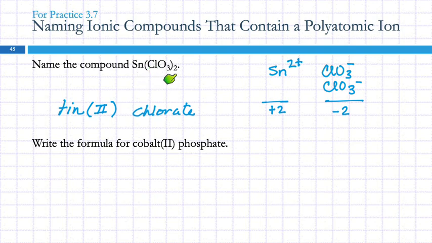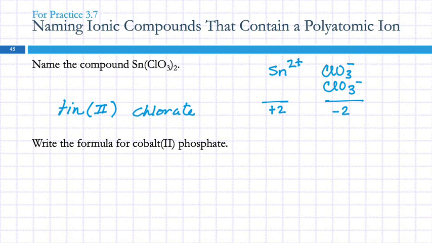In this instance, this 2 is directly related to that charge, but only because the charge on chlorate is -1. Right. If it was -2, then it would be tin 4, right? So you do have to be a little bit careful. Any other questions? It's going to take some practice.